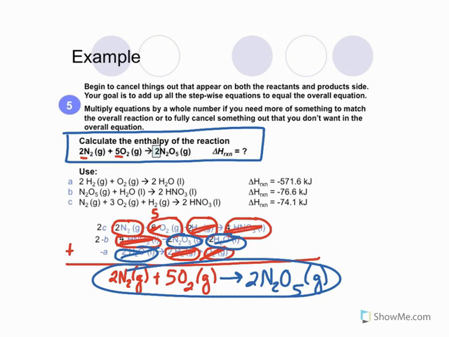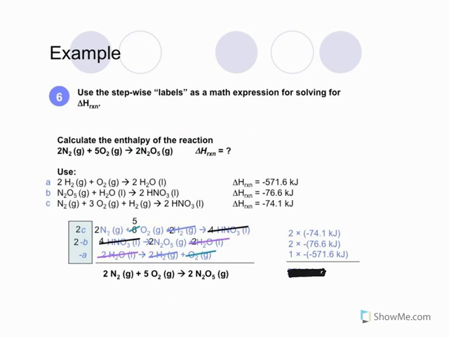Next up is we actually do some math. The reason why you're keeping track of what you did is so now we can look at the heat of formations here. So we have 2 times C, and C is negative 74.1 kilojoules. And then we have 2 times the opposite of B. Aha, I have a typo here. See, this is why we need to check ourselves. A negative and a negative, so that will be positive.